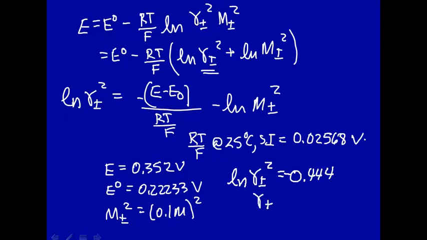So the mean activity coefficient squared is e to that number. That is 0.641. Or finally, the mean activity coefficient of HCl in the 0.1 molar solution is 0.801. So that's how one calculates mean activity coefficients from electrochemical measurements.